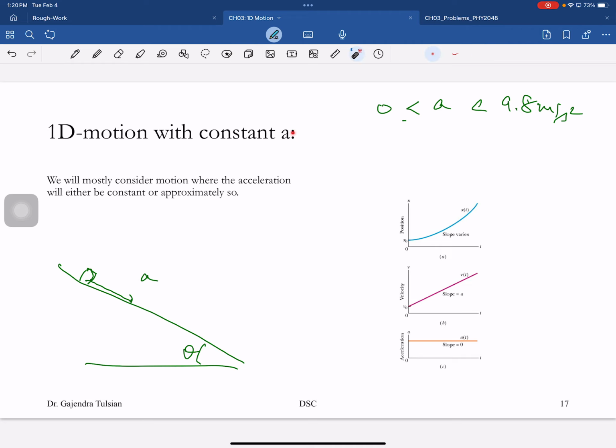It turns out that when the acceleration is constant, the position as a function of time is a quadratic function. You take the time derivative of that, you get a linear function. And then take the time derivative of that, acceleration.